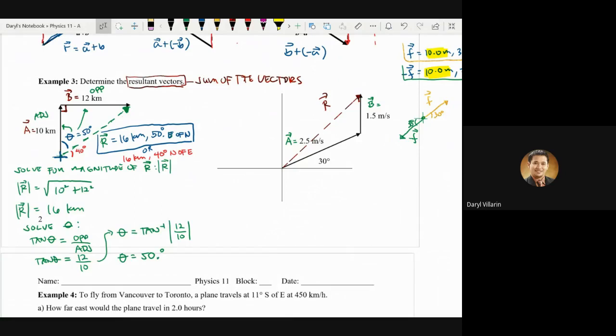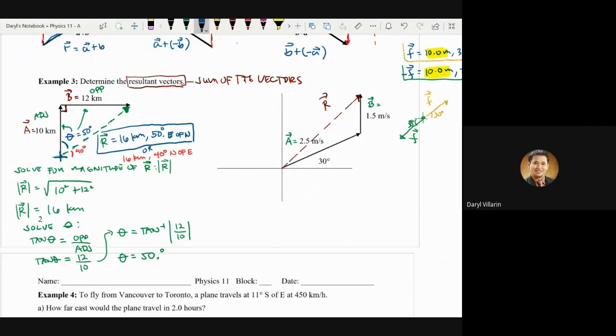But this one here, obviously, is no longer a right angled triangle. Okay. So what you're going to do here is employ breaking down each vector to its components. So again, that's the first thing that I'm going to do.